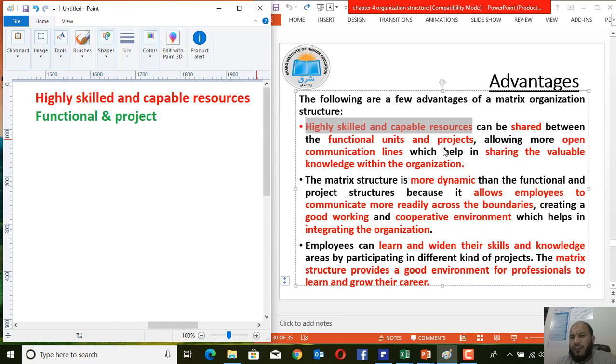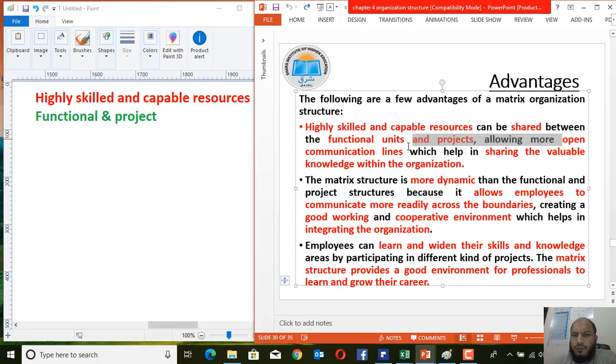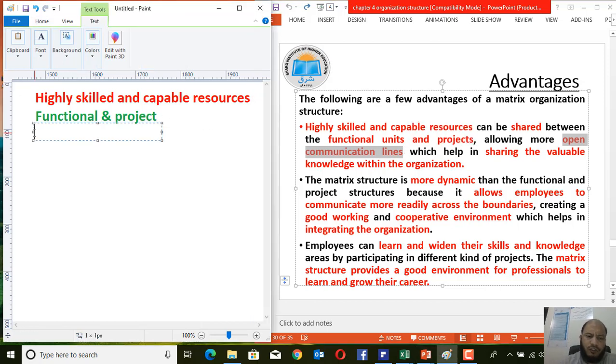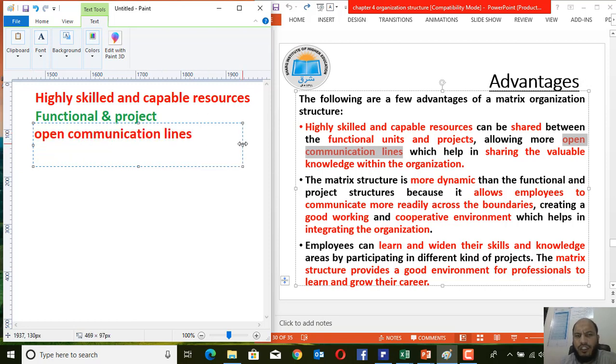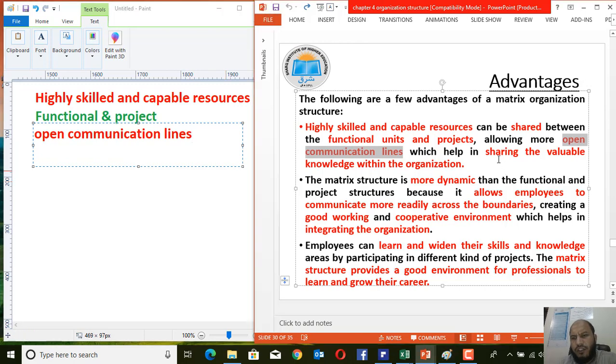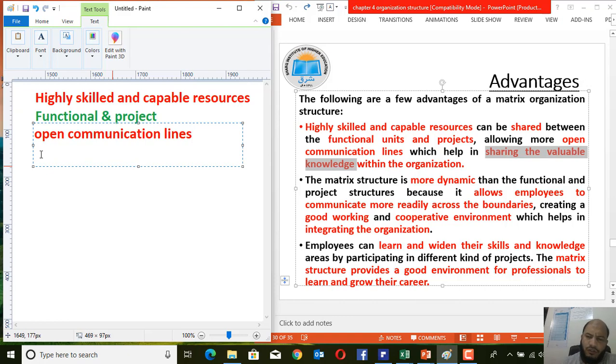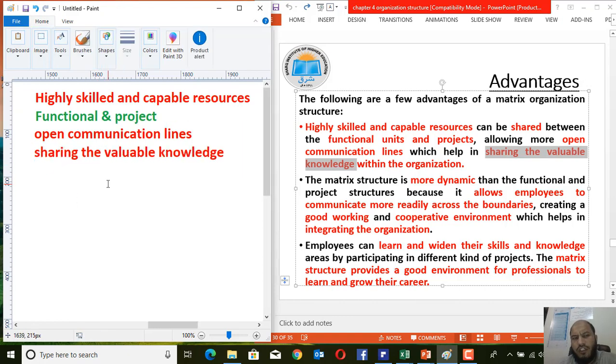We may say that this opens ways to more communication. The communication lines are open, so people will communicate in both lines, functional and project, and through this they will share their valuable knowledge and information within the organization.